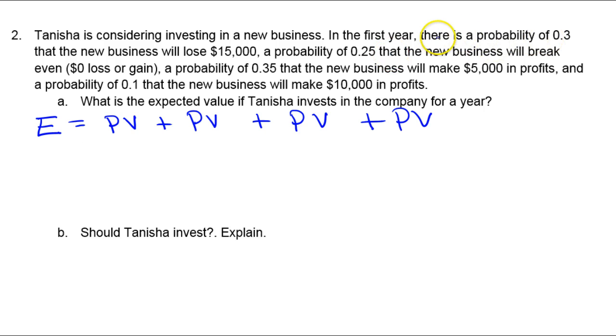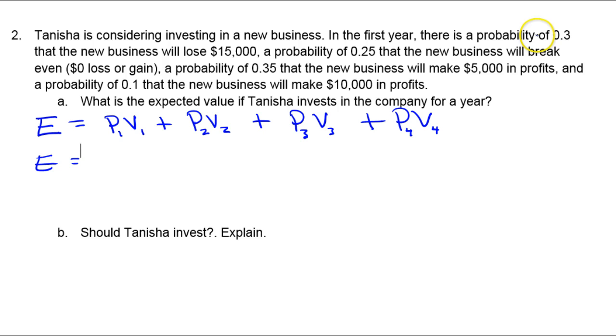So it seems like there were 4 probabilities and values: $15,000, 0, 5,000, 10,000. So probability and value 1, probability and value 2, probability and value 3, probability and value 4. Let's just fill that in and see what we have.